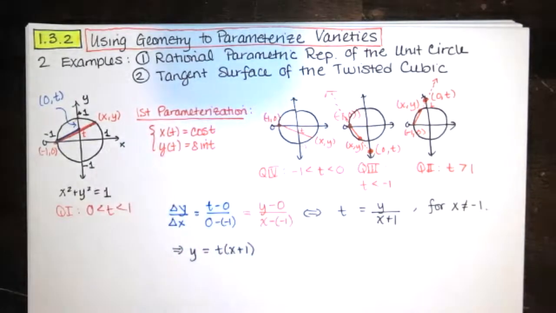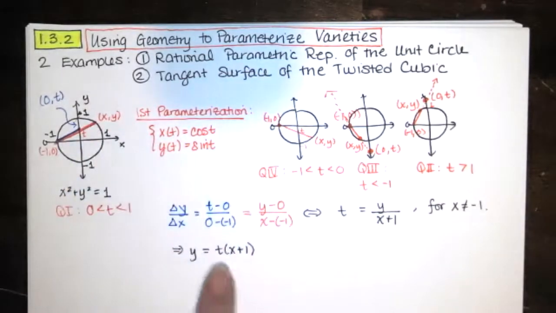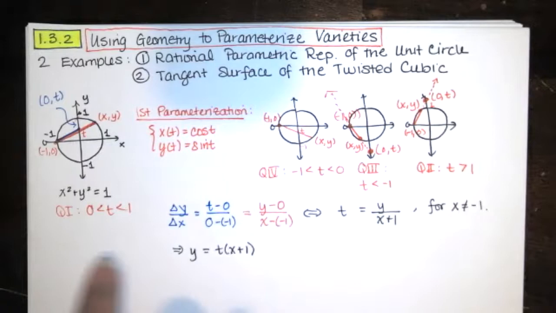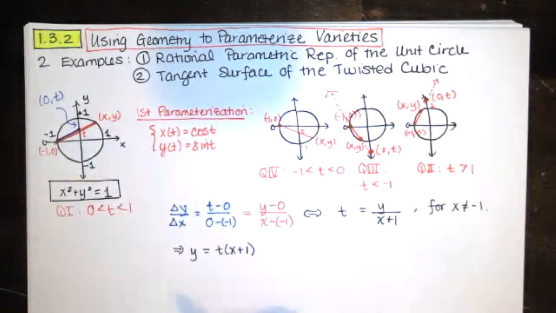We want functions x of t and y of t that as t increases, we trace out that unit circle. So this isn't going to cut it. It's got too many variables in it on the right-hand side. But we know that x and y also have to satisfy this equation. So we can replace this y with t times the quantity x plus 1.